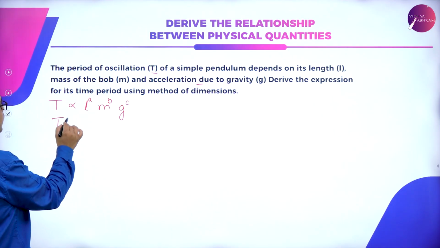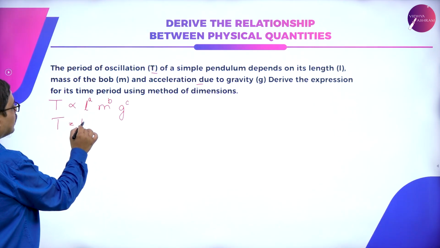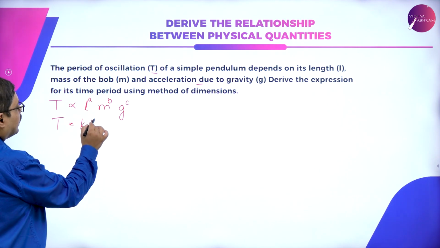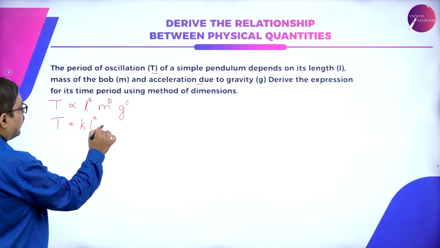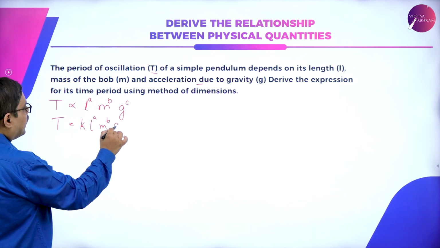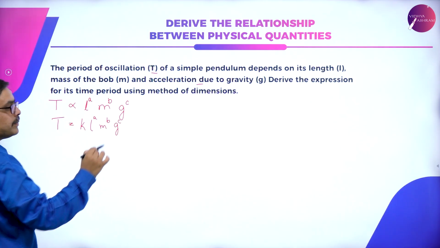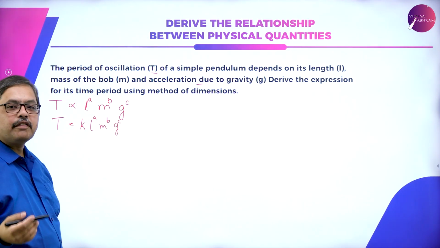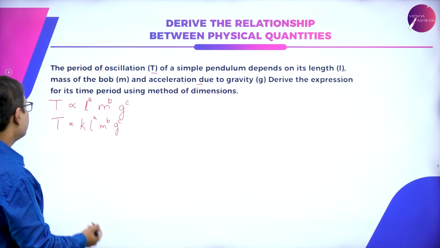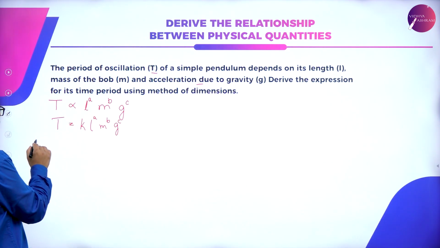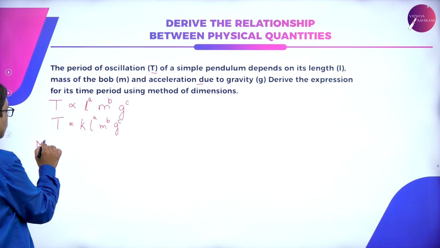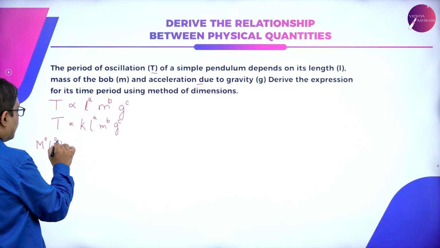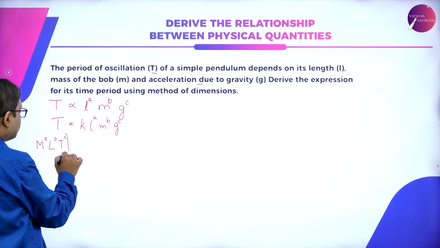Let T be equal to, let K be some constant, L to the power A, M to the power B, and G to the power C. Let me try and define the definitions for all these things. What is time? I can represent time by M0, L0, and T to the power 1.